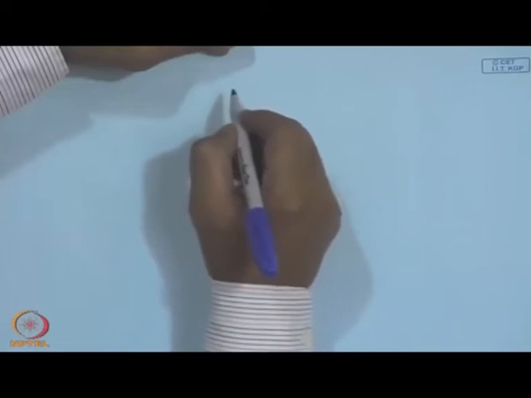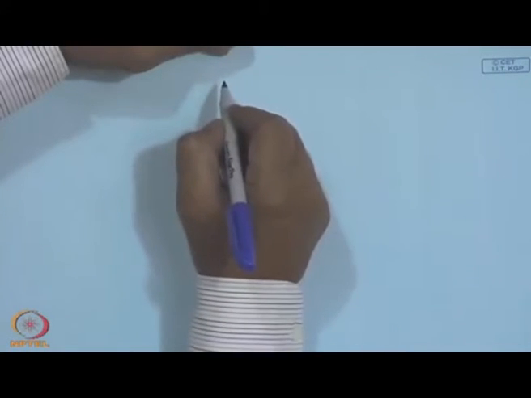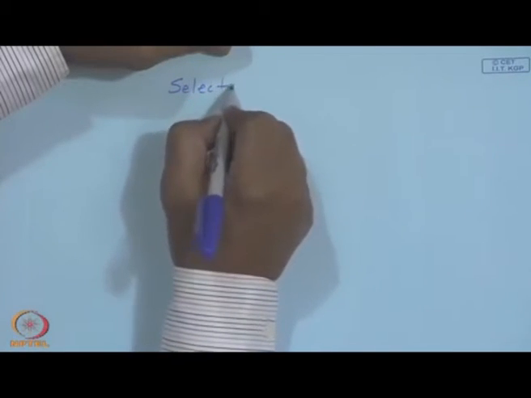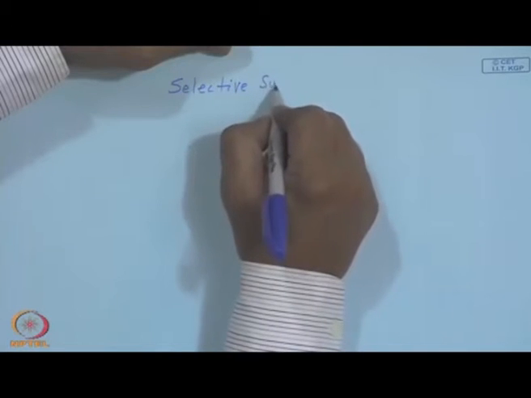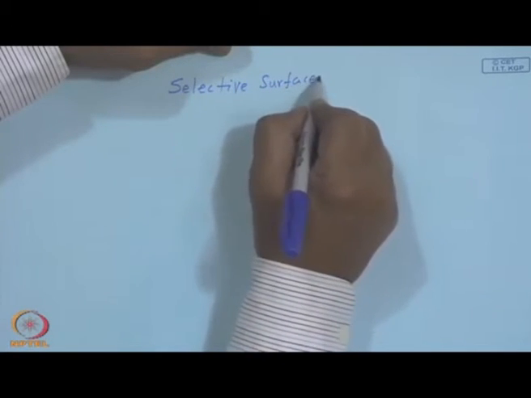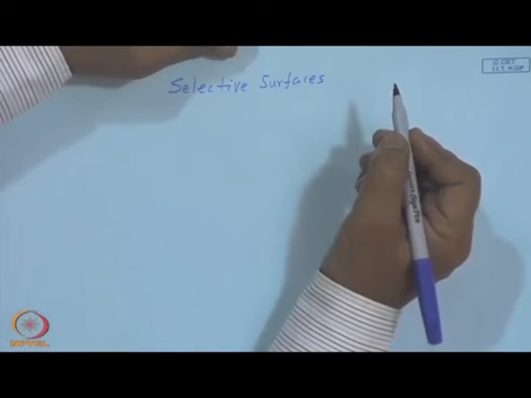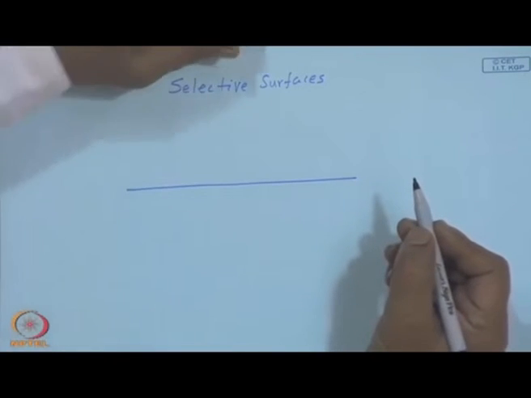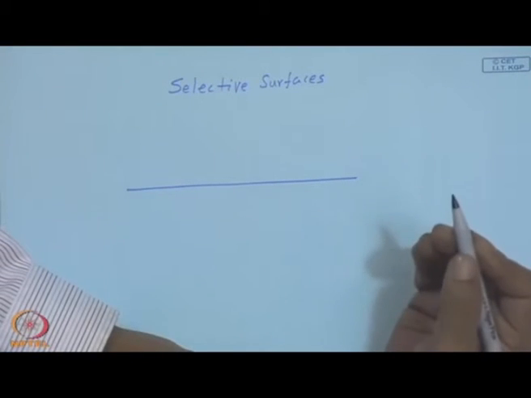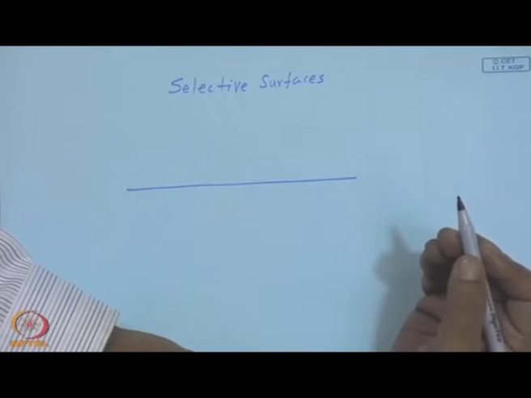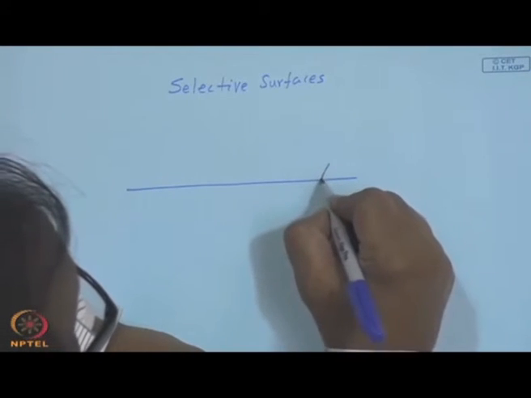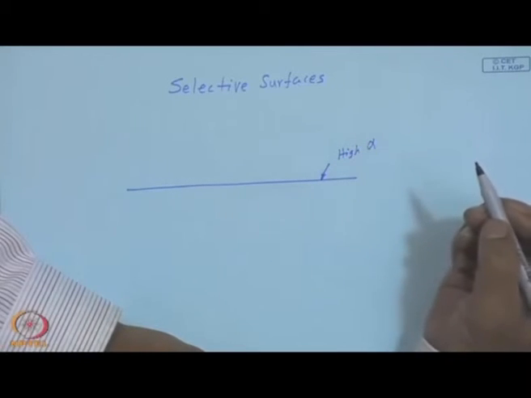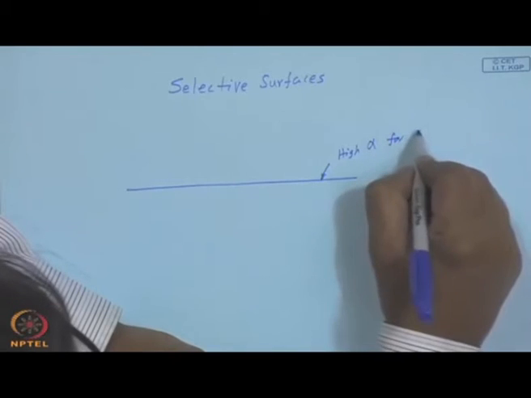Now, when we were right at the beginning talking about basic principles of solar collectors, in general, if there is any surface, we have used the methods of reducing conduction, convection and radiation loss, and it should obviously have a high alpha, absorptivity for the solar range.